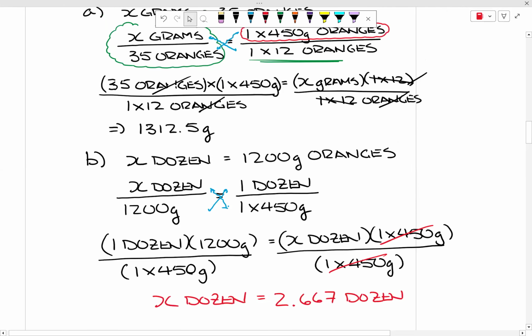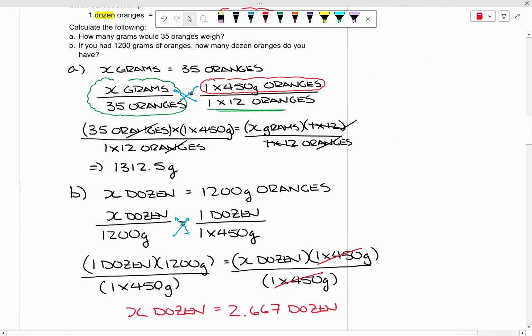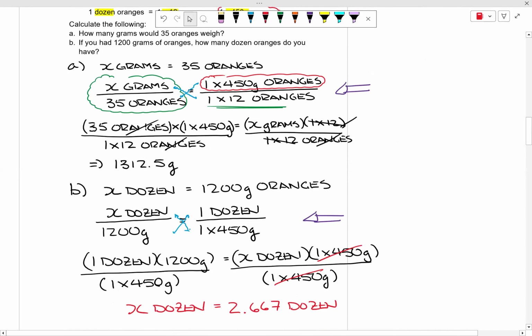Okay, now if you take a look at these two examples, notice the process is exactly the same, where I'm doing the cross multiplication. You want to focus on what I did here and what I did here. Now, what you want to know is which of the conversions did I use?